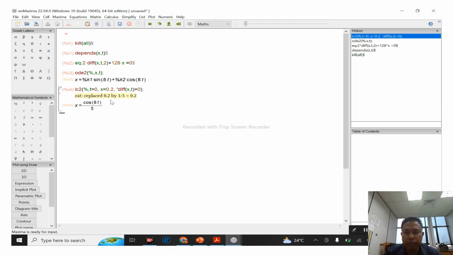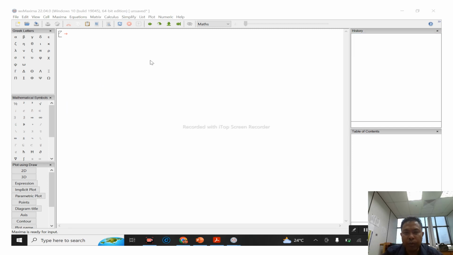After this, I will show you the graphical solution of this by using Maxima. The next part will show you how the student can visualize the problem.